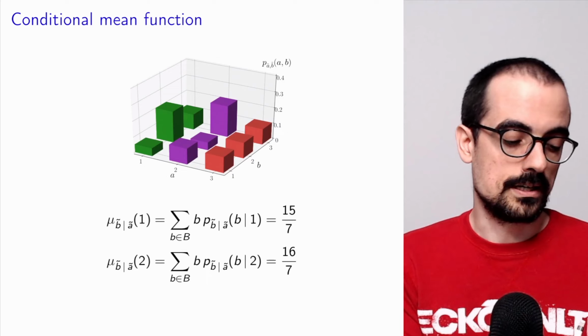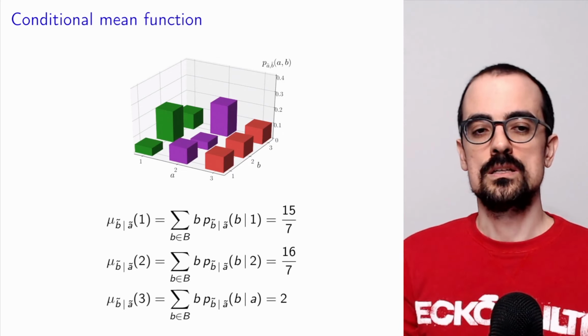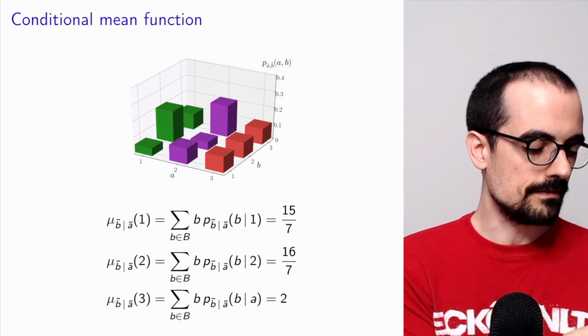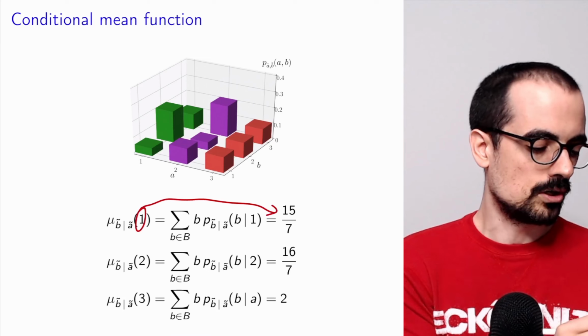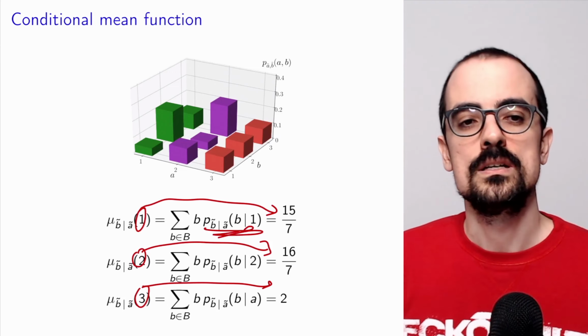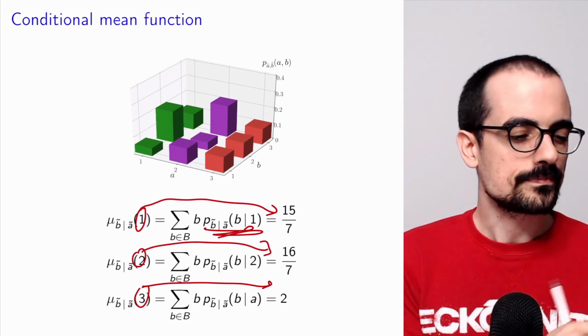And if we condition on a equals 3, again a different conditional PMF, different conditional mean. So that's what I meant by the conditional mean function being a function of the value of a. That function is only well defined when this conditional PMF is well defined. Otherwise we cannot define it.